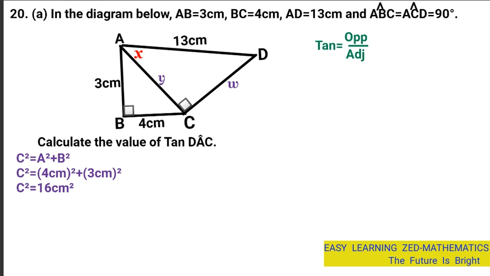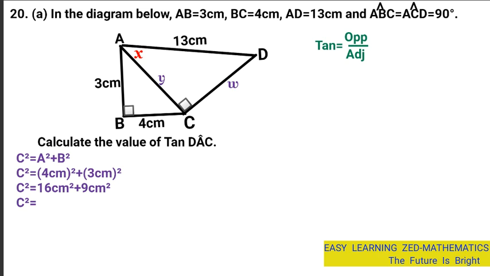Once we've done this, we just add these numbers. 16 plus 9 gives us 25, so c squared is 25 centimeter squared.